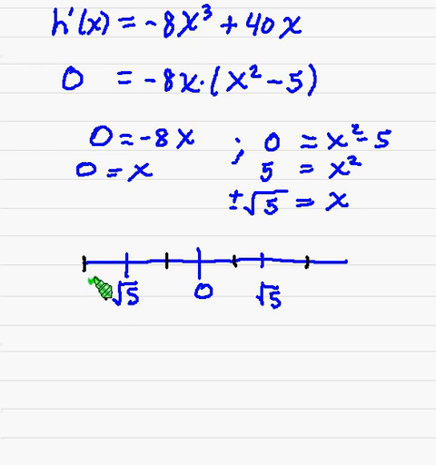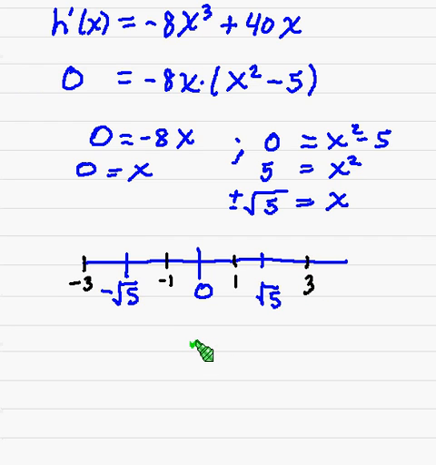Well, it would help if you knew an approximation of the square root of 5, which is like 2.23 something. So how about we choose negative 3? And since this is approximately 2.236, how about we choose negative 1 here, since negative 1 would be between negative square root of 5 and 0. And then we know this is 1, and then how about 3 over here?